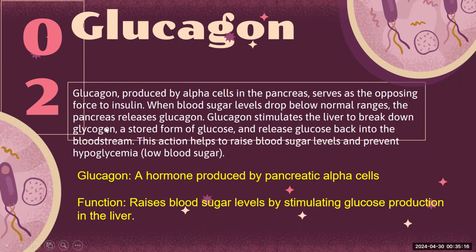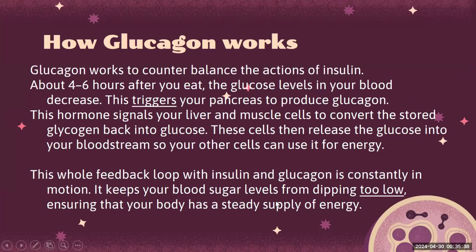Why? To break down the glycogen that is stored in these organs and convert it into glucose so the body can use it, and it increases the blood glucose. So glucagon is a hormone produced by the pancreatic alpha cell, and its main function is to raise the glucose level.